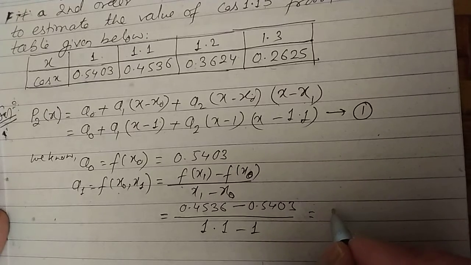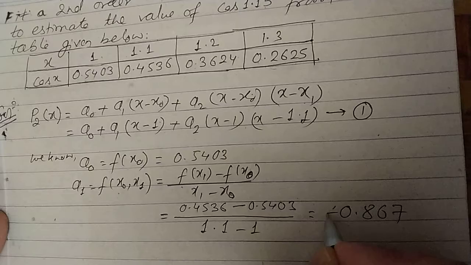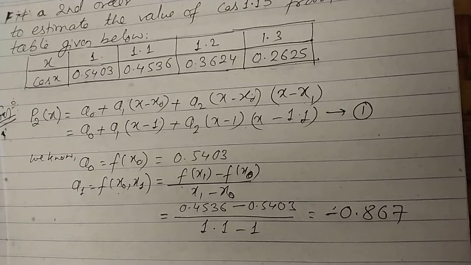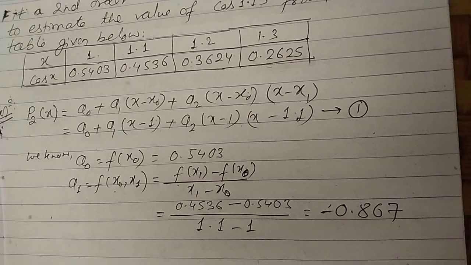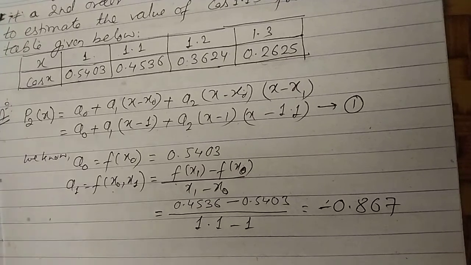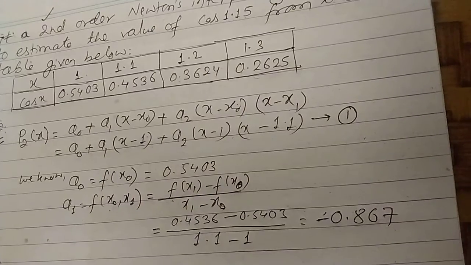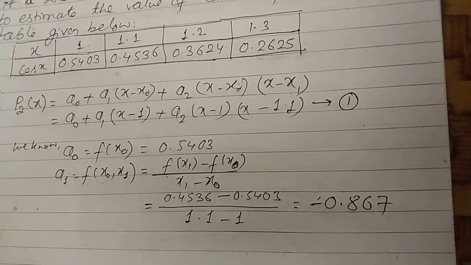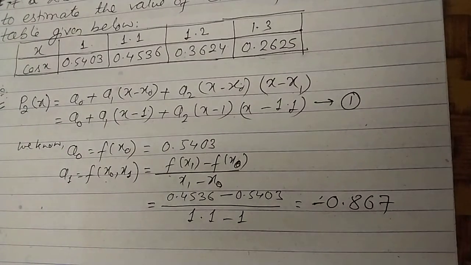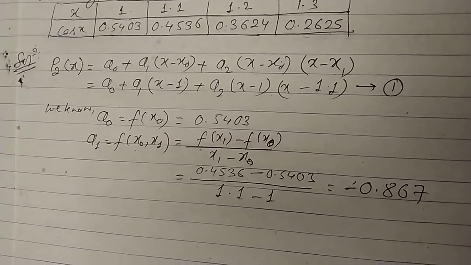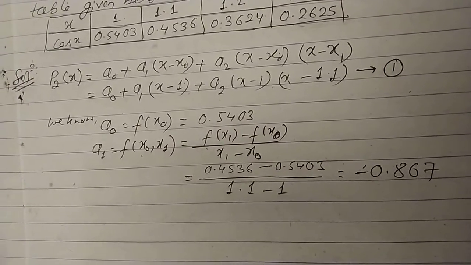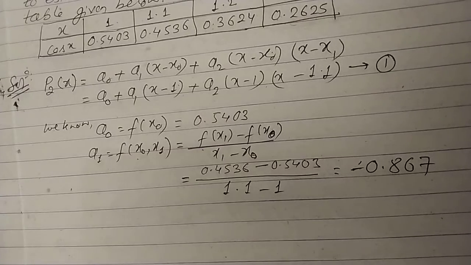So what will be its value? Minus 0.867. We have done till here. Clear sir? Okay.